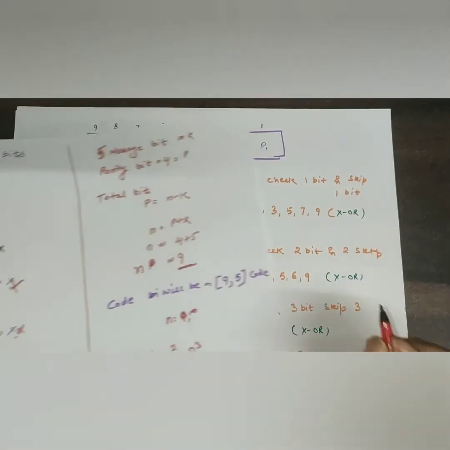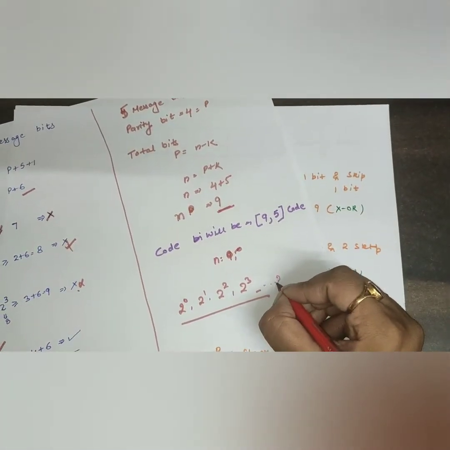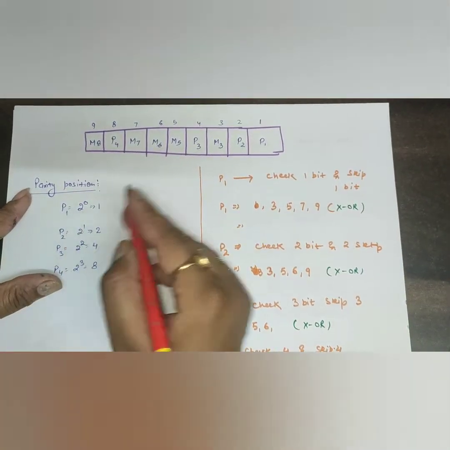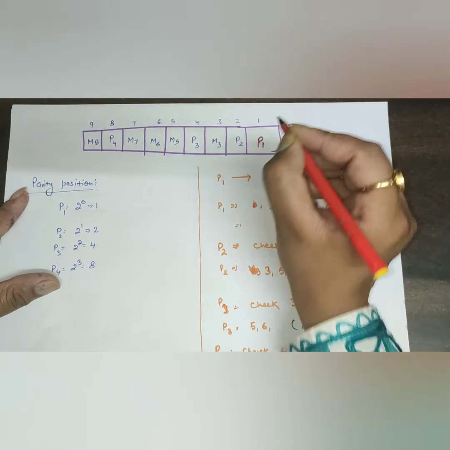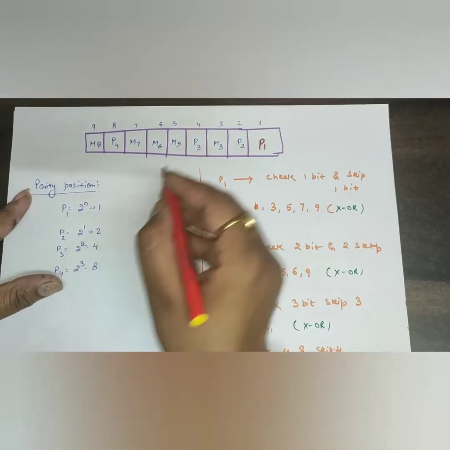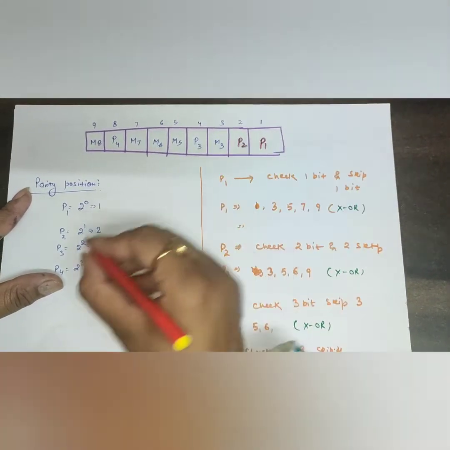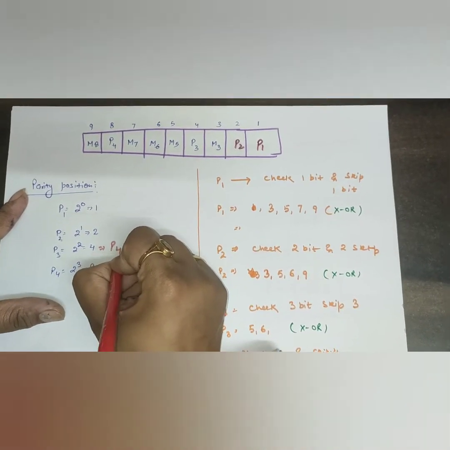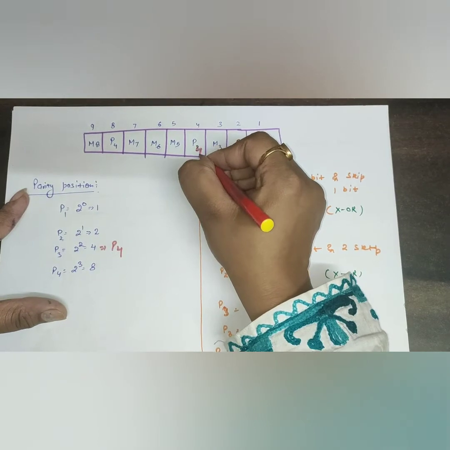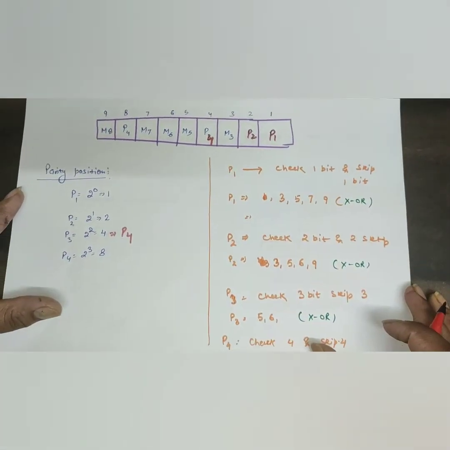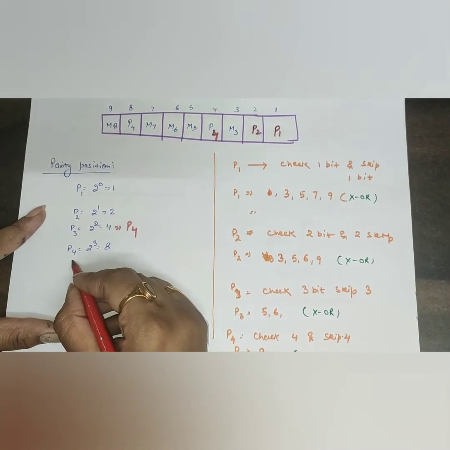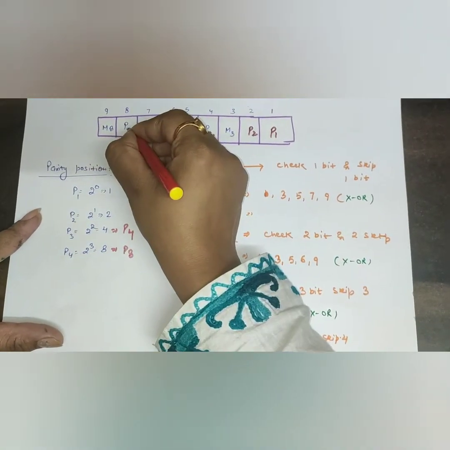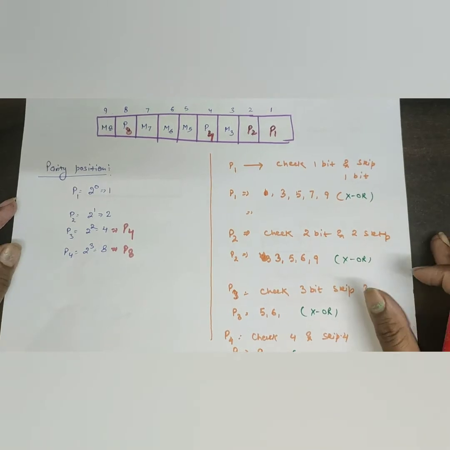One parity is P1. 2 to the power 1 is 2, so that parity is P2. 2 to the power 2 is 4, so we write it P4 because it is the 4th position. Then 2 to the power 3 is the 8th position, so we write it P8.